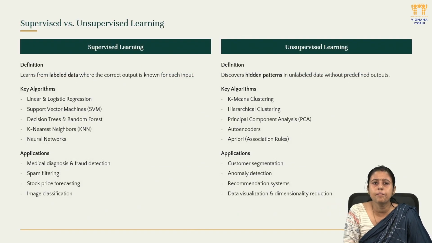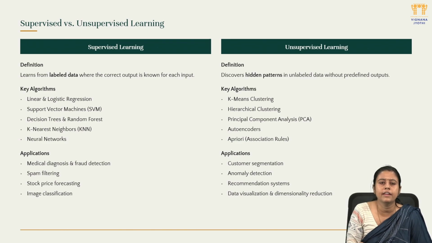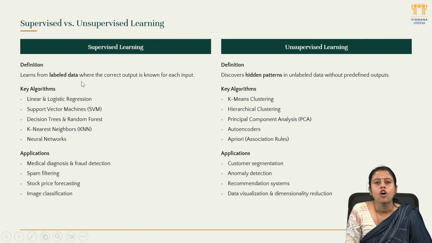So what is the main difference between supervised learning and unsupervised learning? As I told, supervised learning has labeled data where the correct output is known for each input. Unsupervised learning understands the pattern in unlabeled data without any predefined output. What are the key algorithms used in supervised learning?